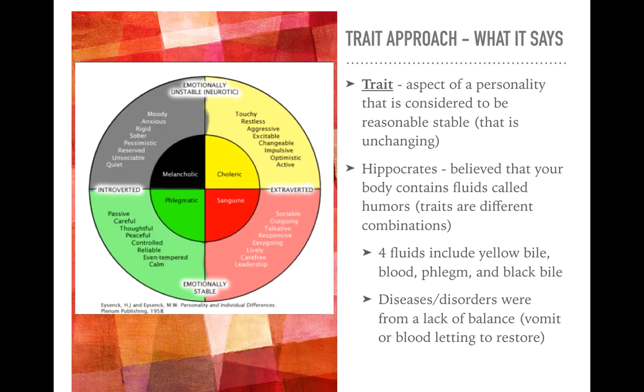So, the first theory that we're going to look at is the trait approach. What we're really looking at are traits as part of your personality. A trait is just an aspect of personality that is considered to be reasonably stable. In other words, it's not going to change.